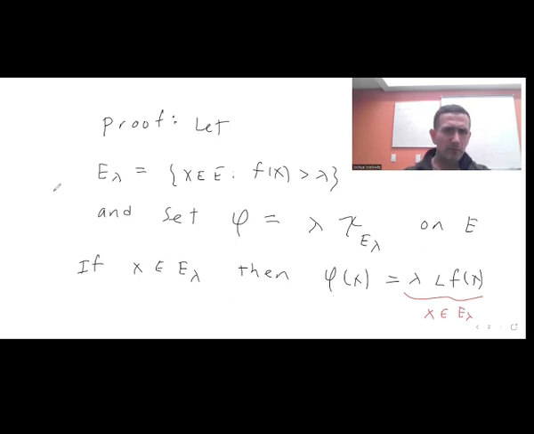And trivially, if x is in E take away E lambda, then this is 0.